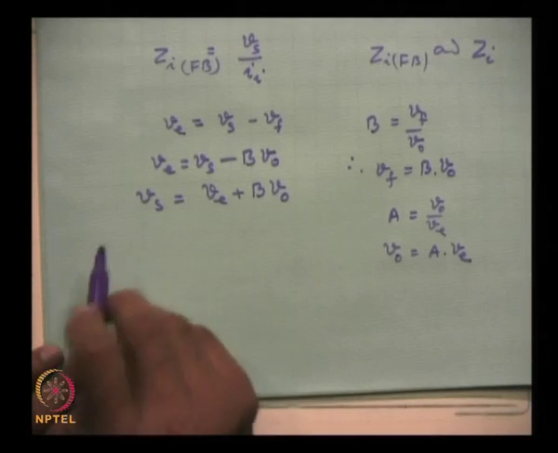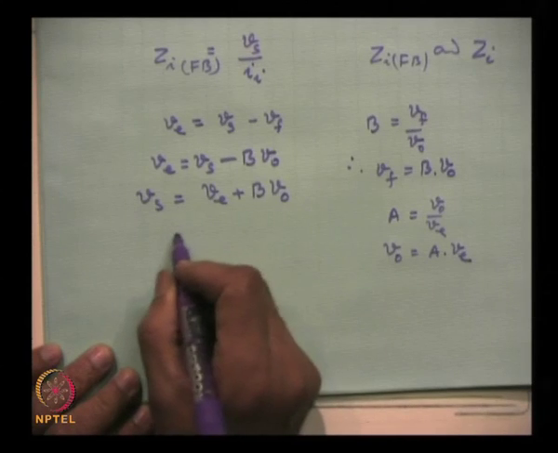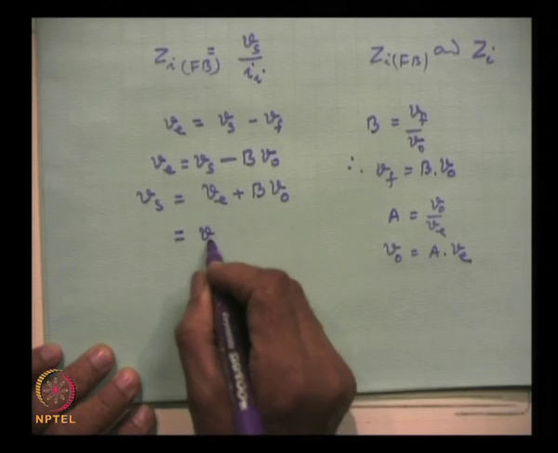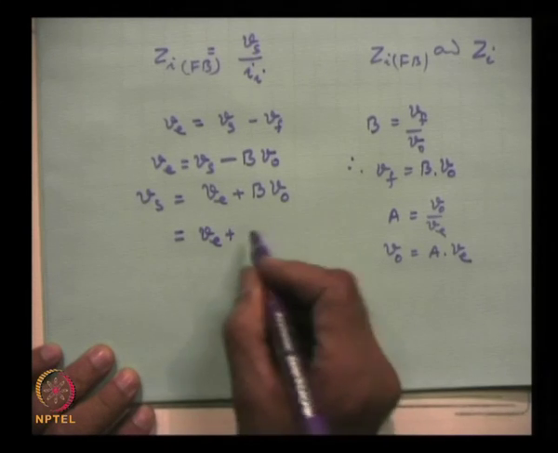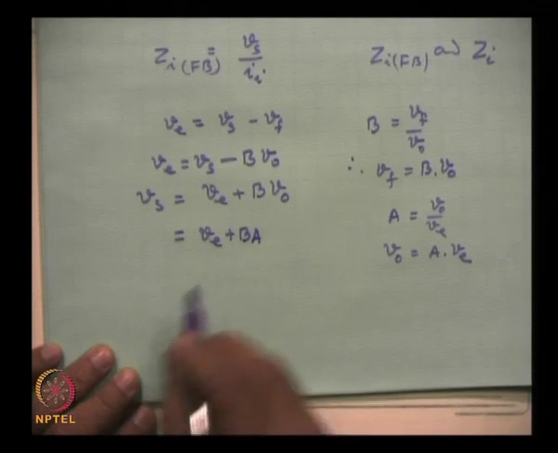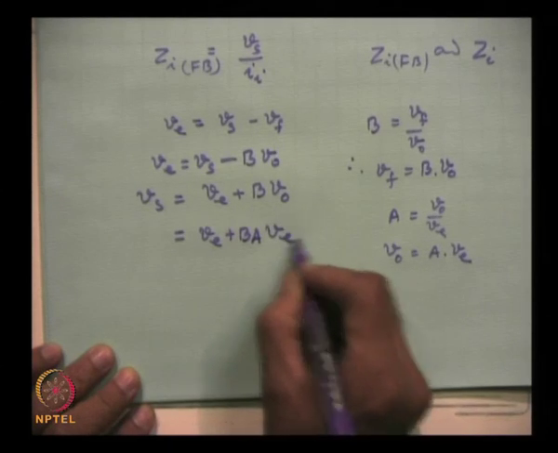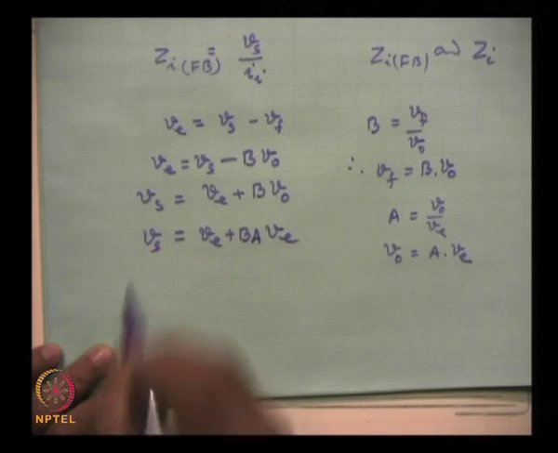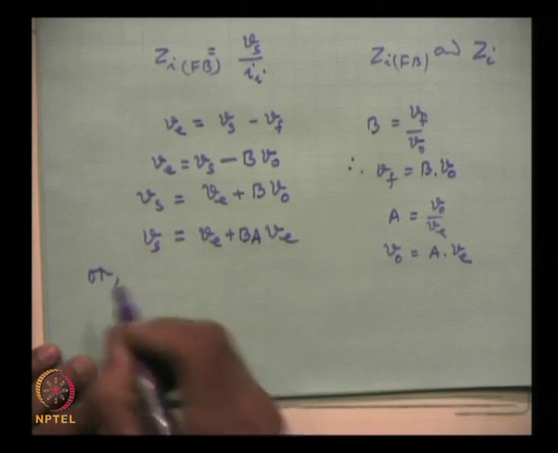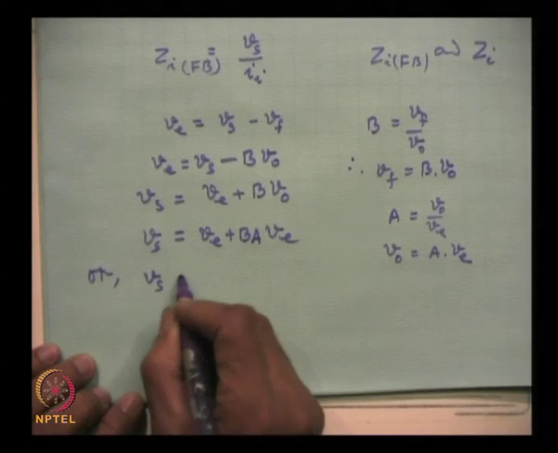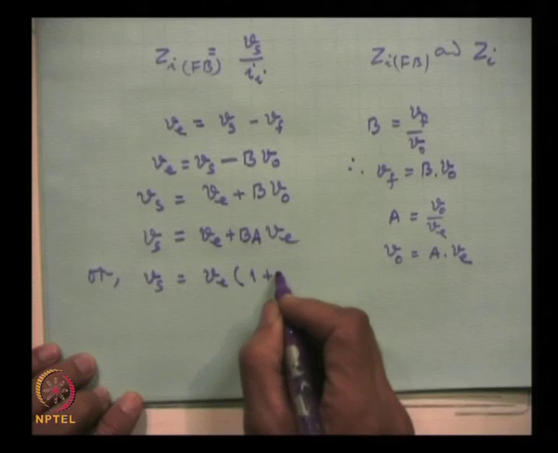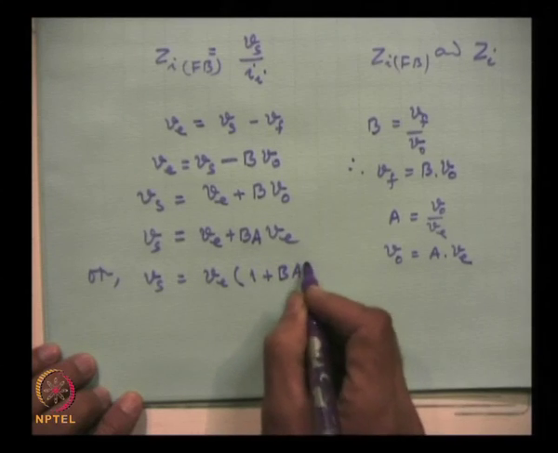So, this expression becomes Ve plus B A into Ve, this is Vs, or Vs equal to Ve into 1 plus BA.